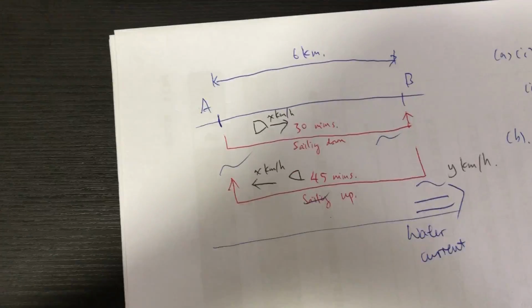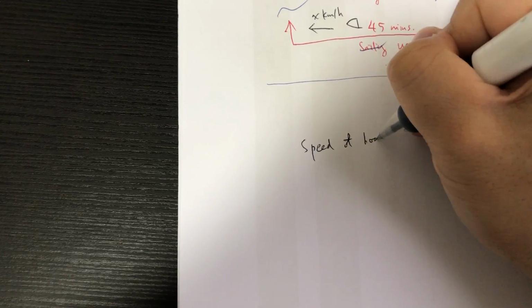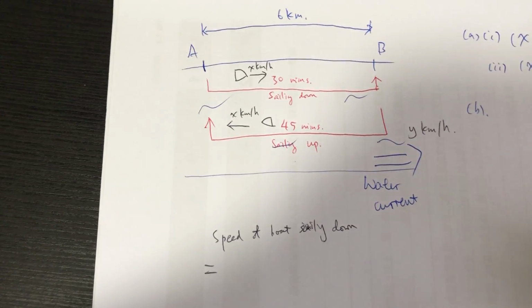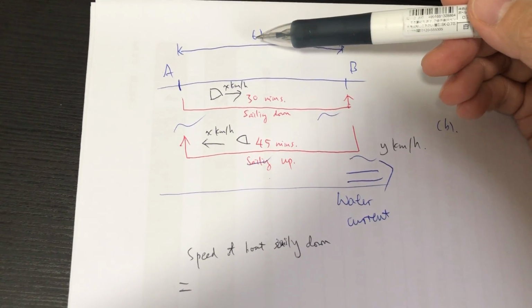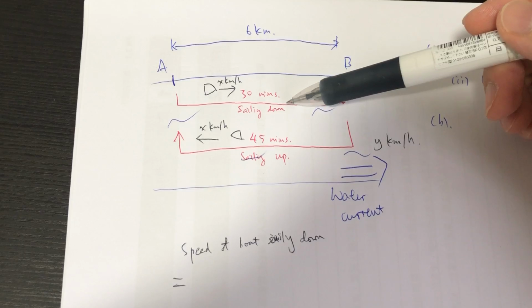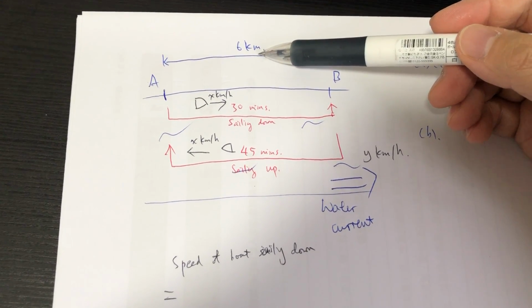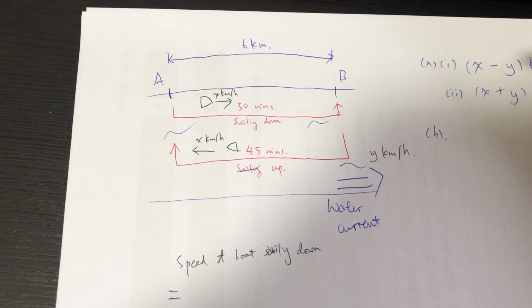So for the first part, maybe the speed of sailing down. We try to use the numerical numbers to represent it, because it says that when it is sailing down the river, for the 6 kilometer distance, it used 30 minutes to travel.